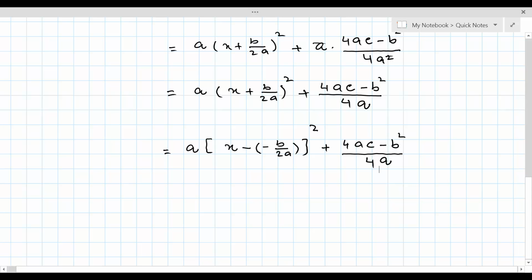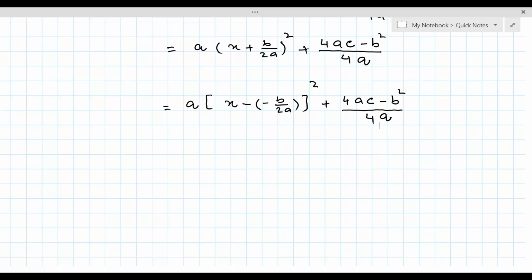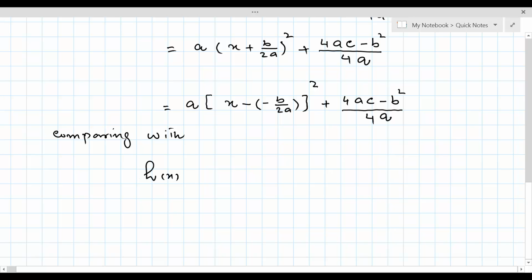This is comparable now with the vertex form. Comparing with h of x equal to a into x minus h square plus k, which is vertex form.